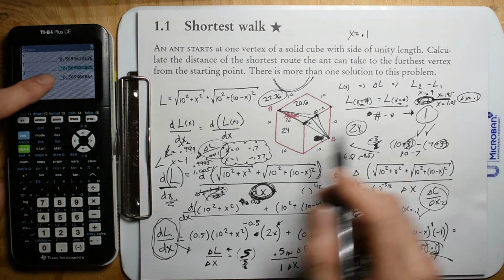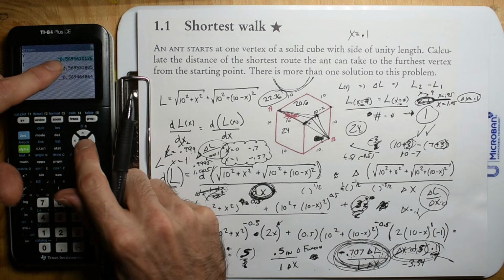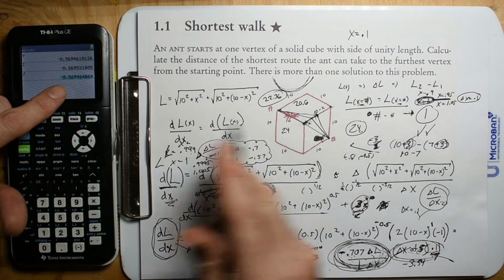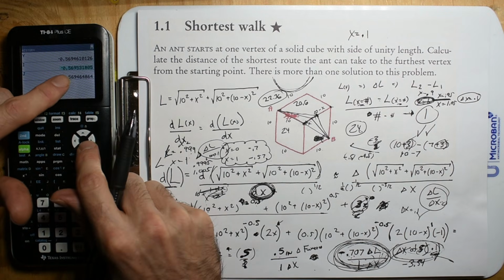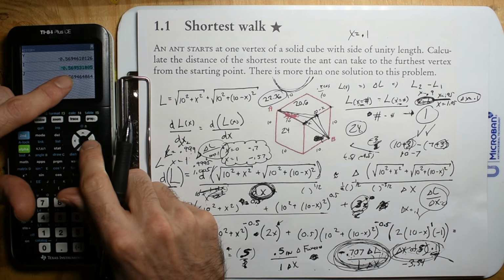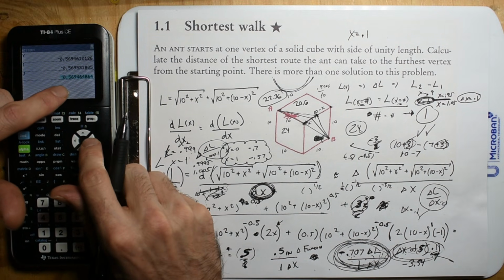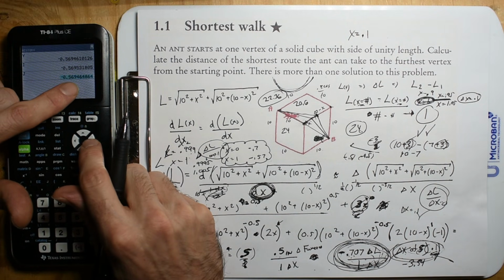The actual equation gives negative 0.56946, and starting at 0.999 and going to 1 only gets 0.5695, so it's not as accurate. Where we come down here, we get 0.56946.